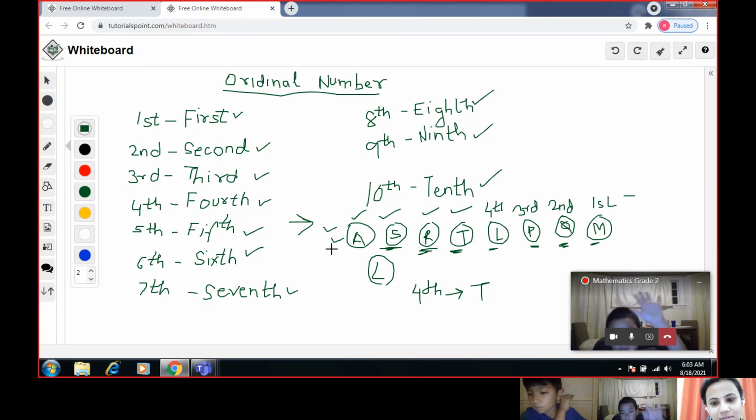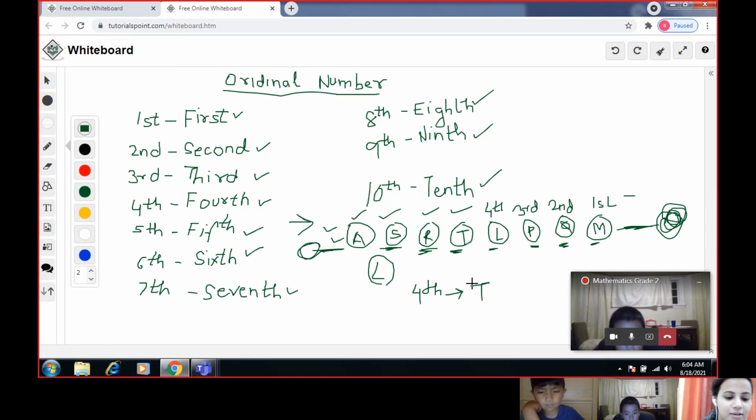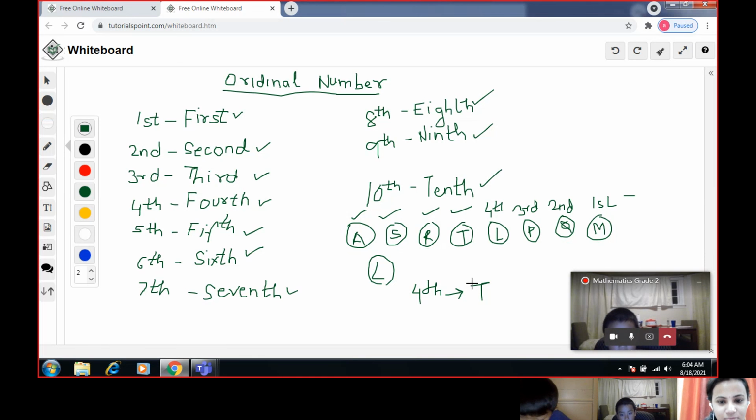Okay, it means just see the opposite. Here is my left. It means your left is from this side, right? Yes. Our left are different. Okay, again see here.